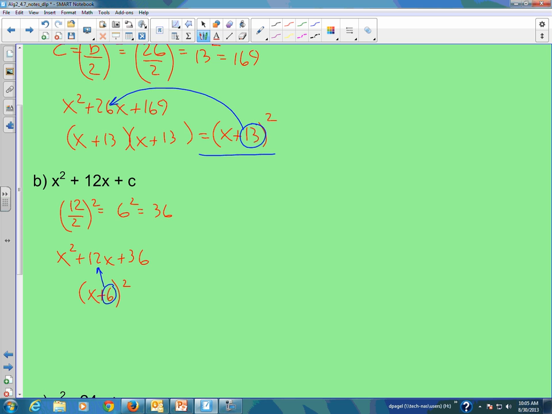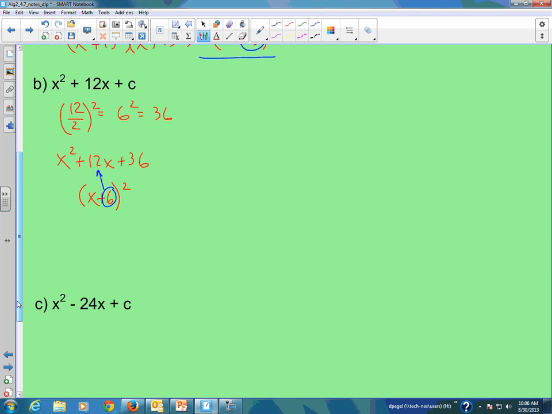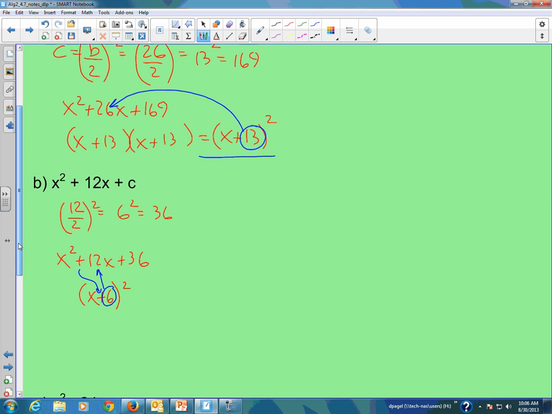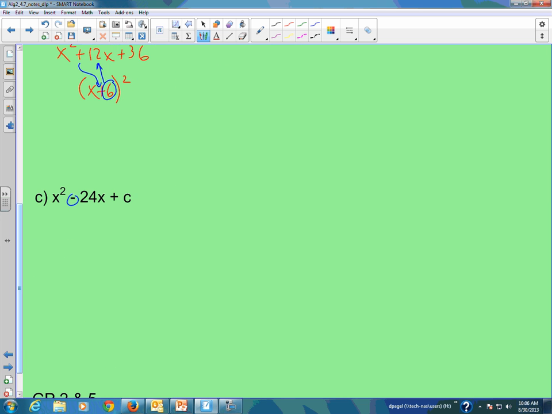I'm able to just simply use the b value, cut it in half, and that will become the second term of my binomial here. And I always am also paying attention to the signs. So if it was a positive b, I got a positive binomial squared. If it was a negative b, as in this case, we have a negative 24 now. So now if I took half of my b and squared it, I still get a positive value.